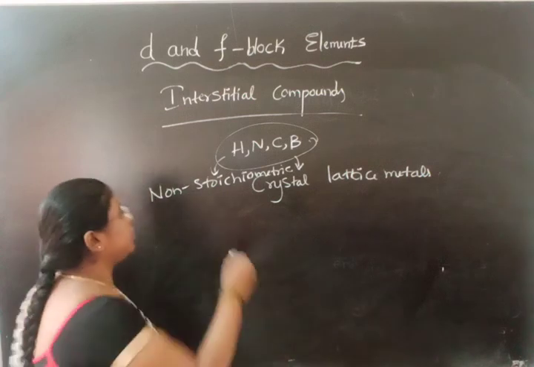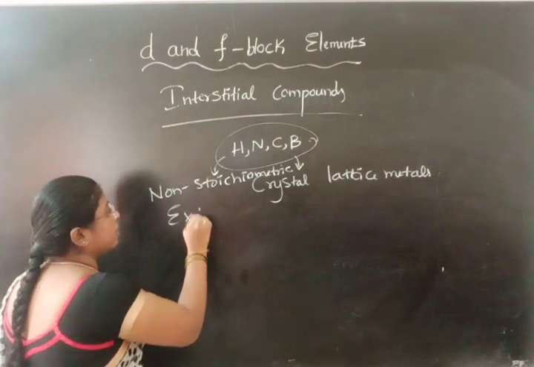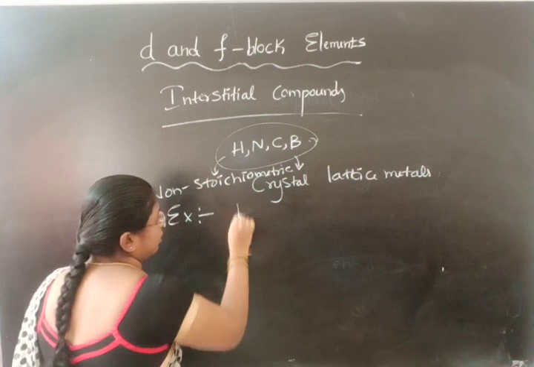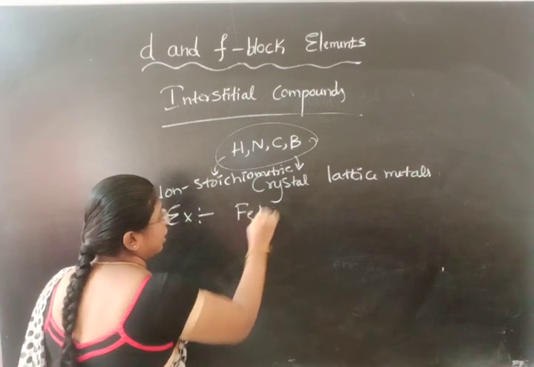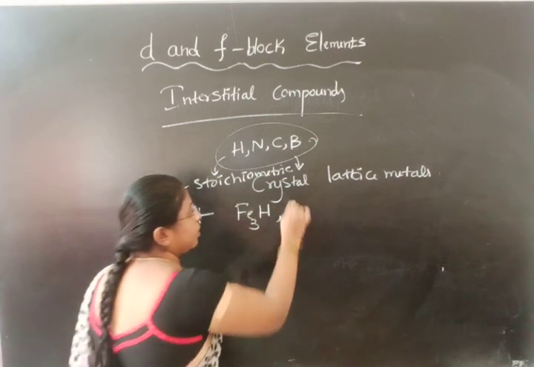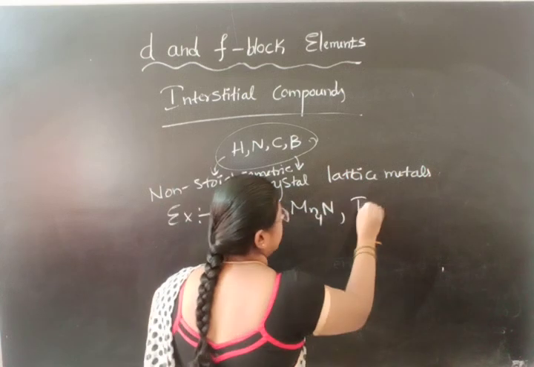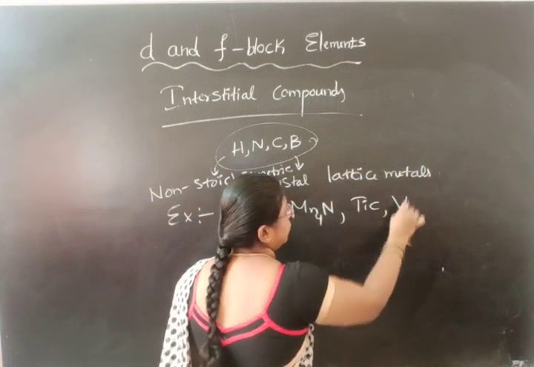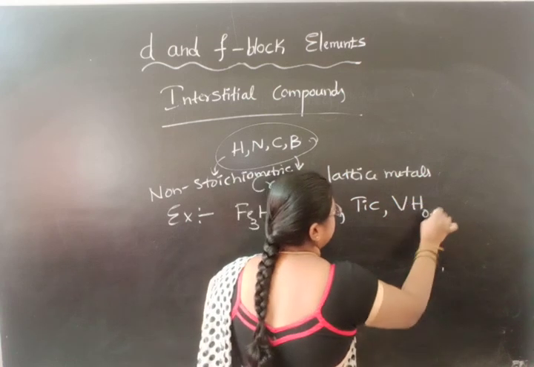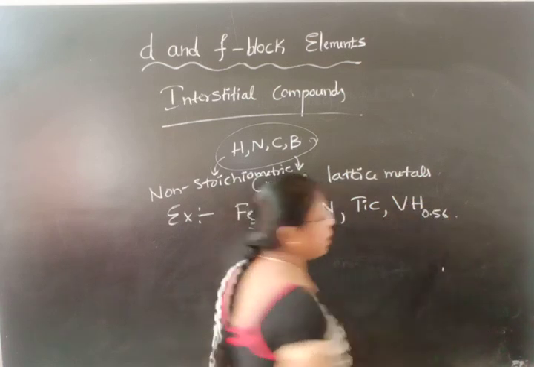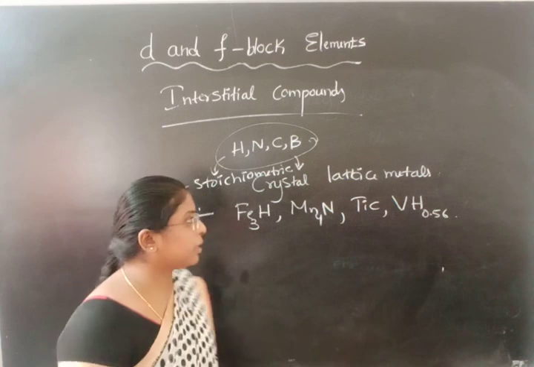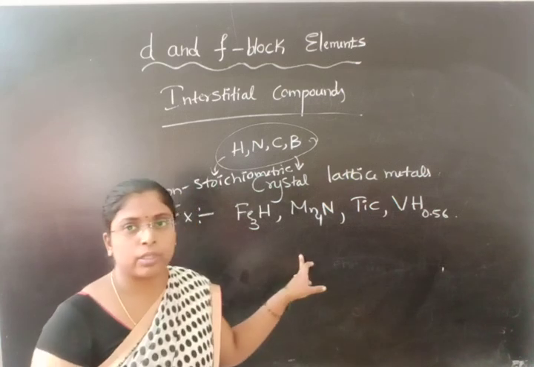For example, interstitial compounds like Fe3H, Mn4N, TiC, TiH1.7, and so on. These are examples of interstitial compounds.